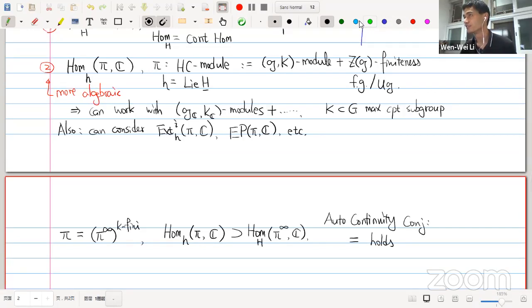In order to formulate these conjectures, for example, to define the Euler-Poincaré characteristic, you need some assumption. For example, Ext^i is 0 for i large, and all these groups are finite dimensional over C. So I will mention these properties later on.